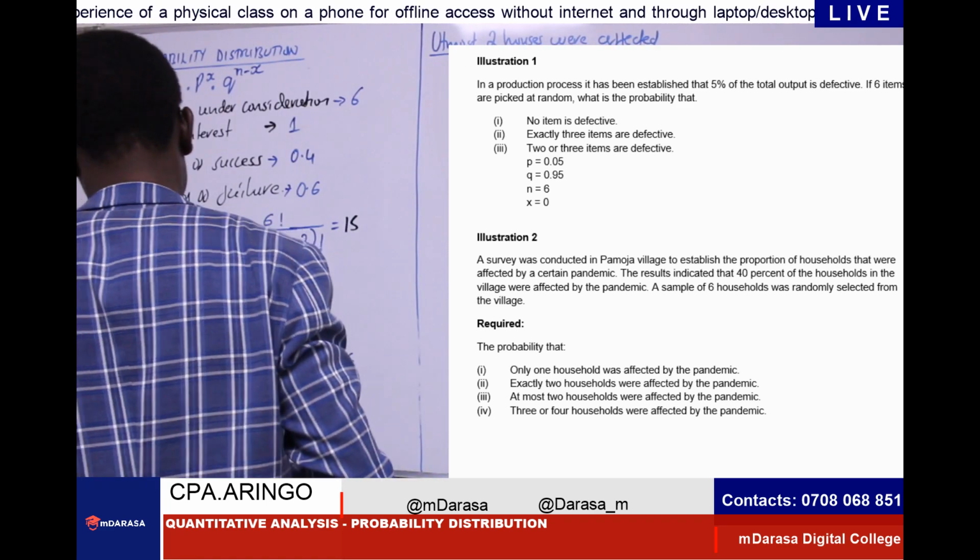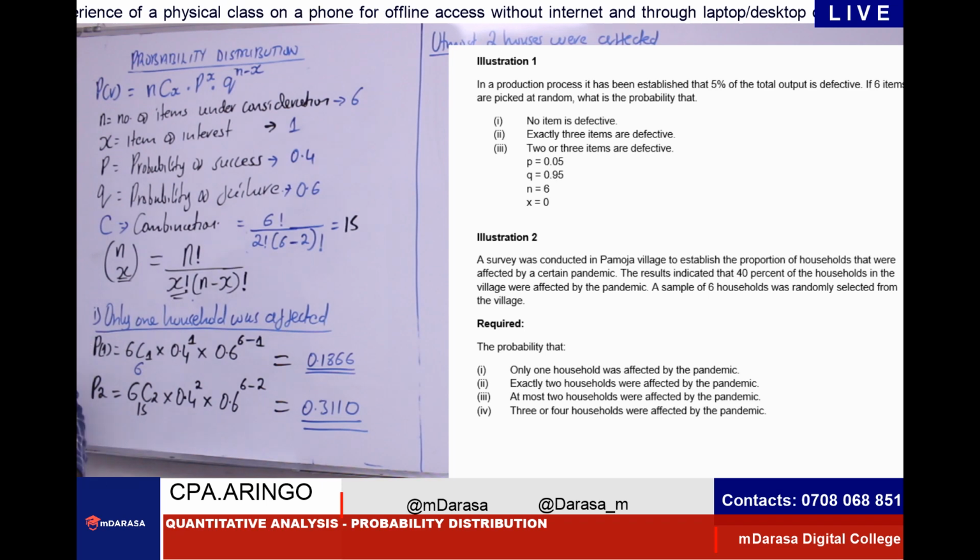In this case, this will be easy. We can decide to determine the probability of 3 and 4, then we get the difference between the two.